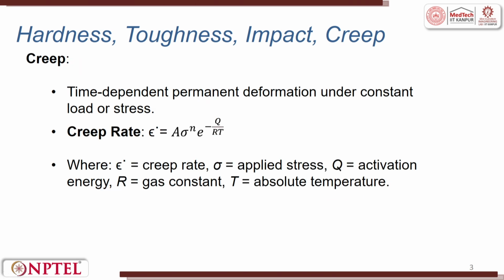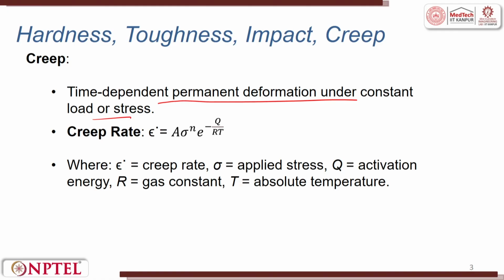Also creep: it is time dependent permanent deformation under a constant load and stress. This was discussed: like you put clothes to dry on a metal wire, the metal wire has the load for the whole day. The weight of the clothes is not that heavy, but the load is there for 8 hours, and this 8 hours each day for 6 months, you will see the wire getting loosened. So, that is creep happening there.